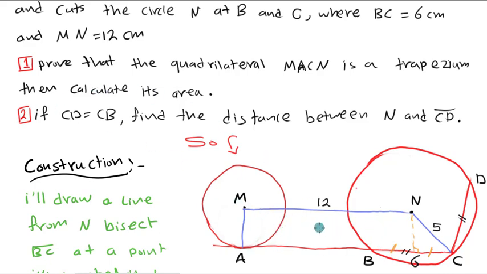The second requirement: if CD equals CB, find the distance between N and CD.